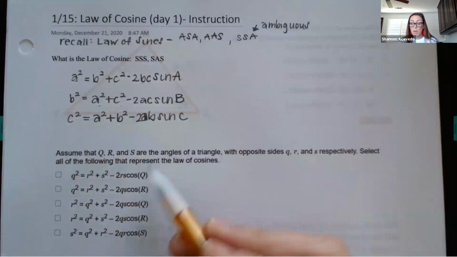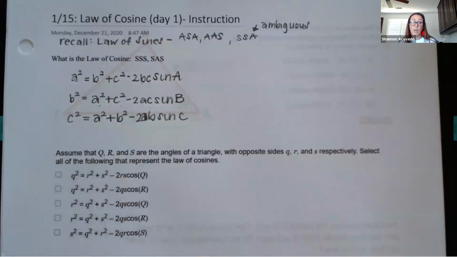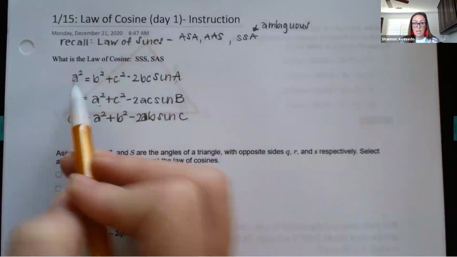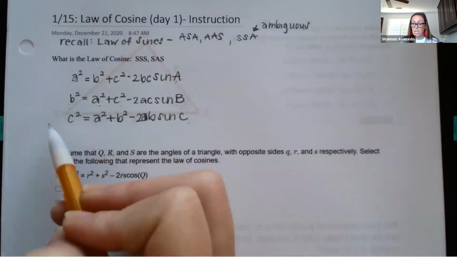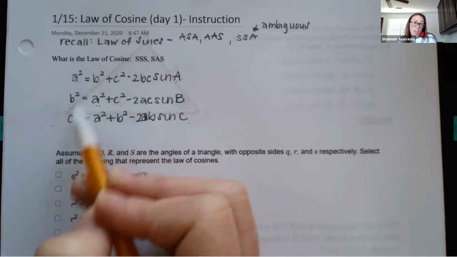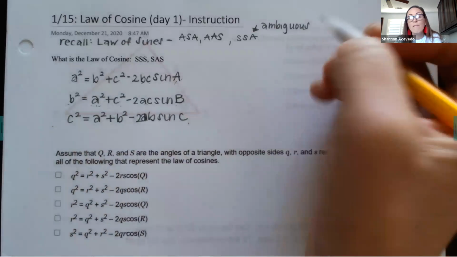And you can see our first problem here is, well, what if it's not a triangle ABC and it's a different triangle? So you need to be able to recognize what those variables are, what those placeholders are for those variables and the correlations. So my angle A would go with my side A. So look at these correlations. These values that are in the middle here are the 2 sides that you're not using.